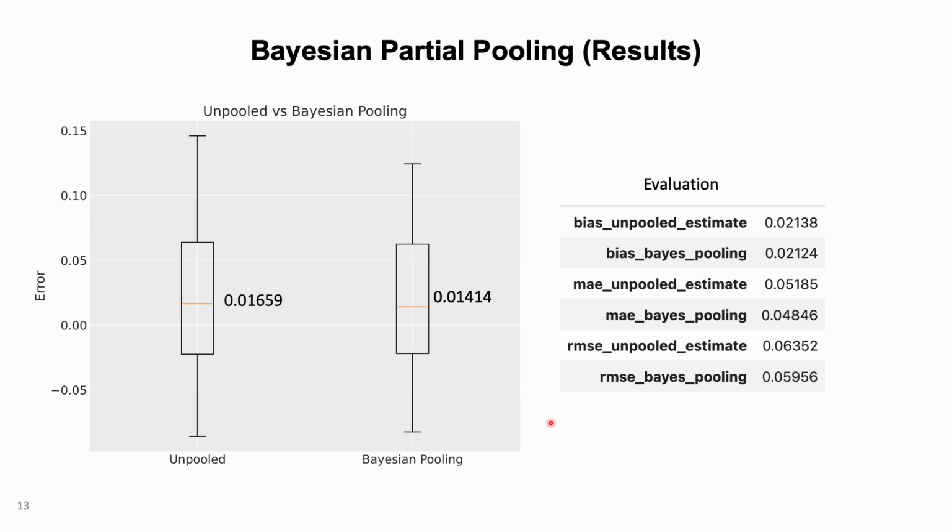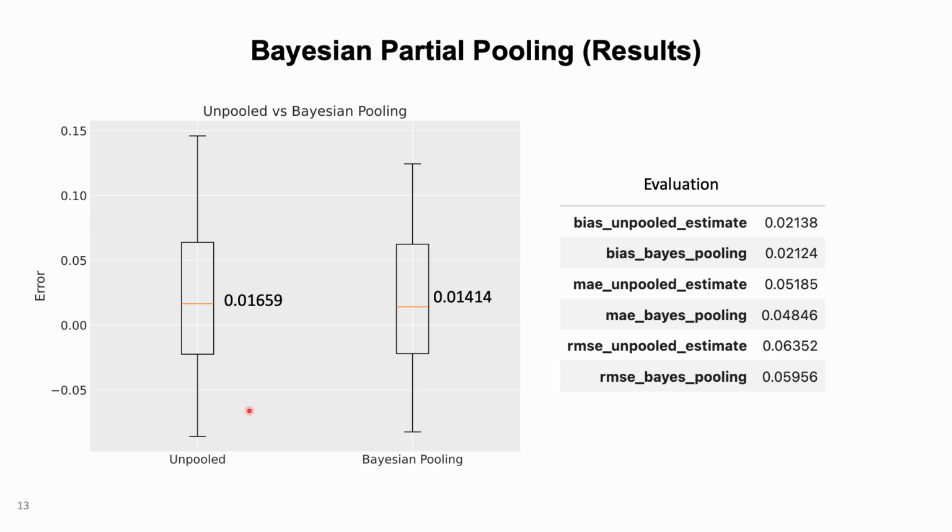Here, we further quantified the results for these two approaches by first including the box plot of errors of the two approaches in the left figure. We can see that the median of the error for the Bayesian pooling results is lower than the unpooled results, and the distribution of errors in the Bayesian approach is narrower than the unpooled approach.